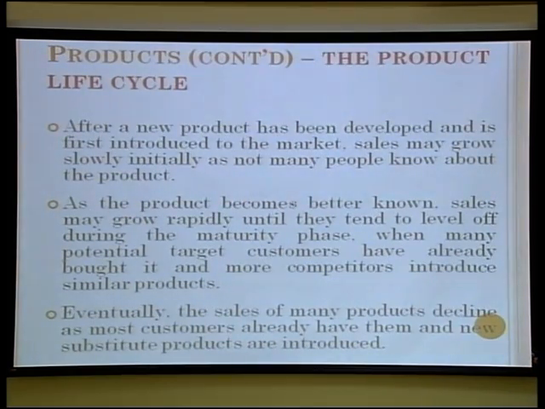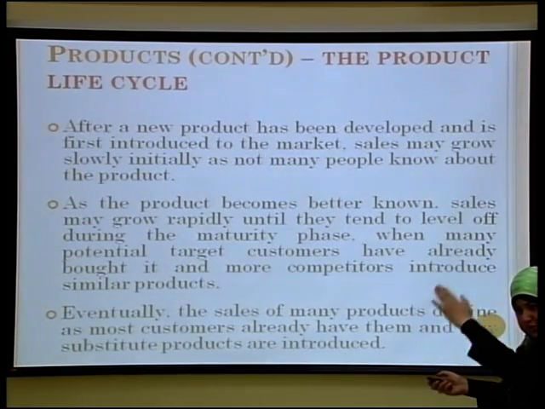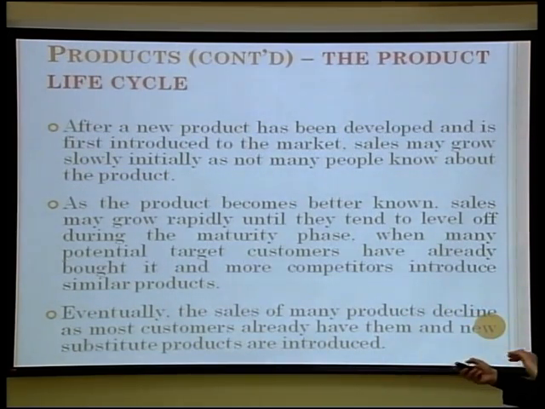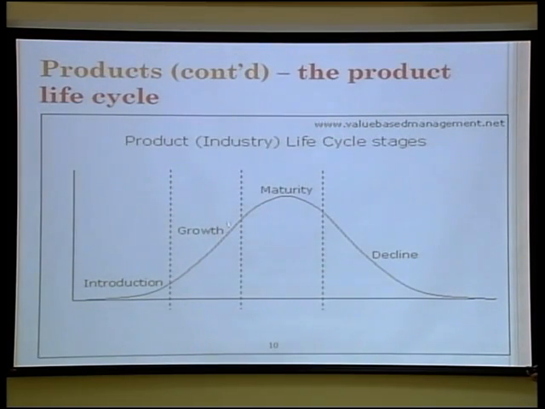As the product becomes better known, now more people know about the product, sales may grow rapidly until they tend to level off during the maturity phase. Okay, so here we have the growth phase because people started to know about the product, and then it levels off until it reaches the maturity phase. Better known, so growth in sales, then until it reaches maturity.